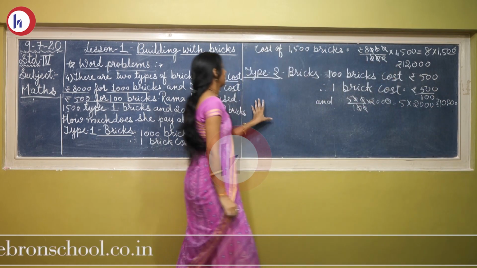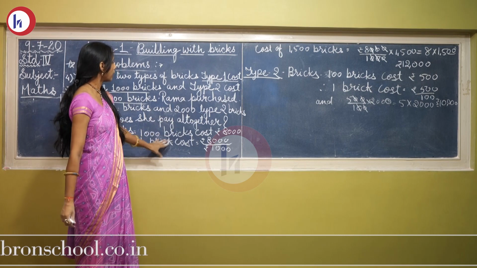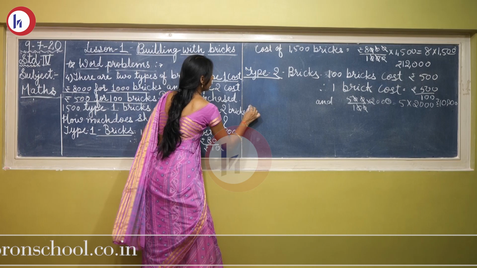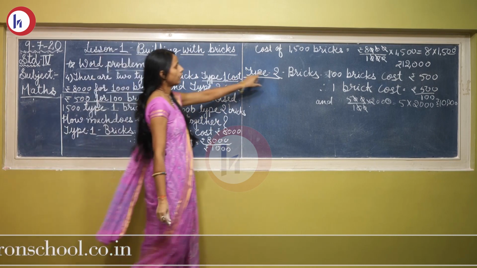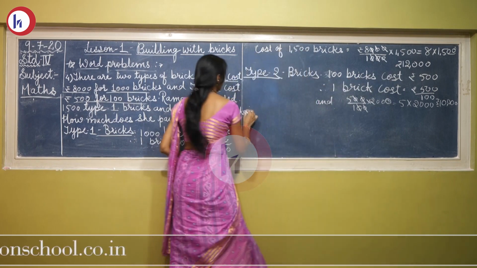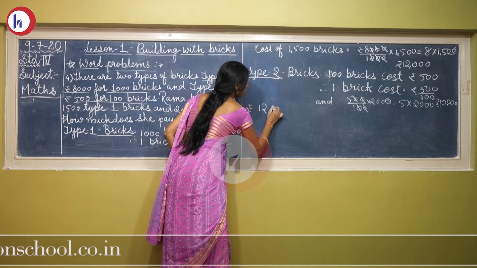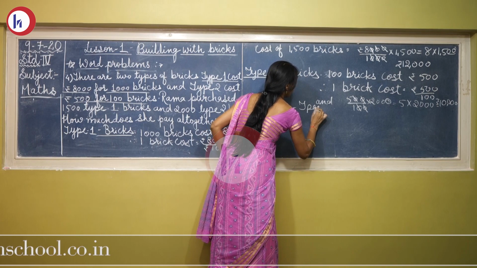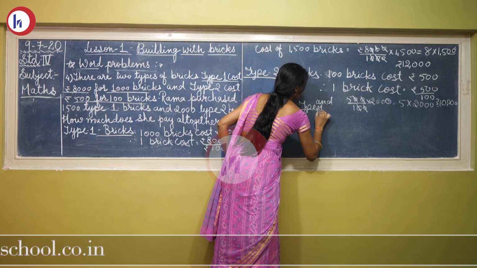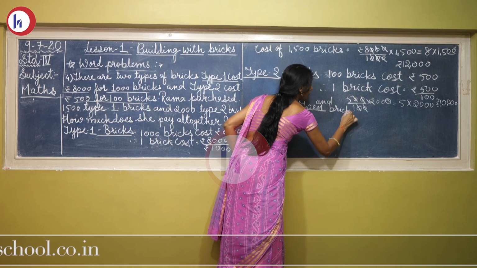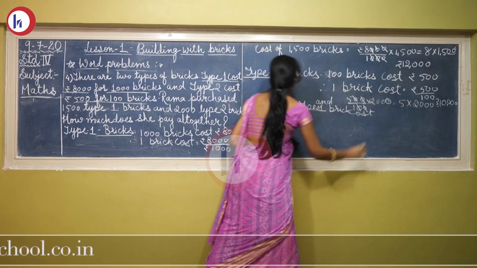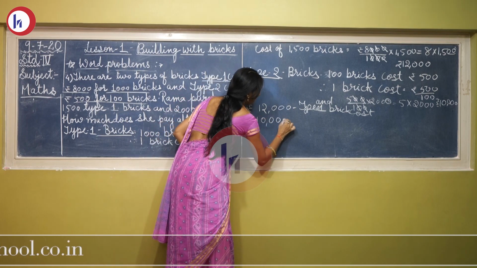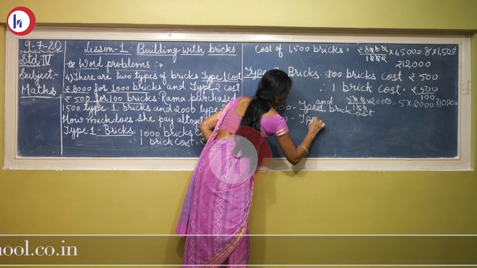Now, the next step, to find out the total cost of type 1 bricks and type 2 bricks. So first of all, the type 1 brick cost is 12,000. And 10,000 is the type 2 brick cost.